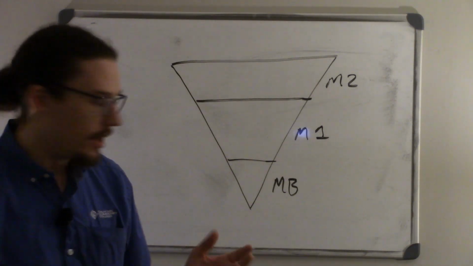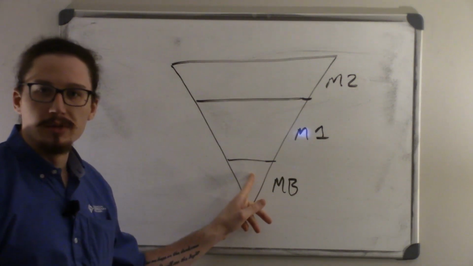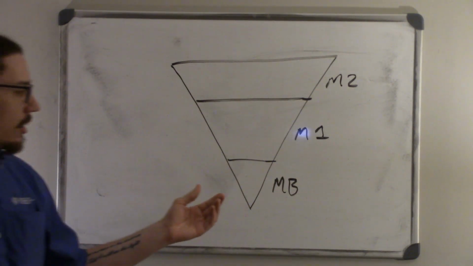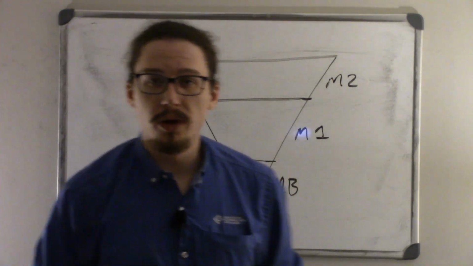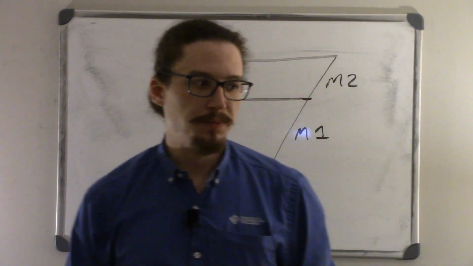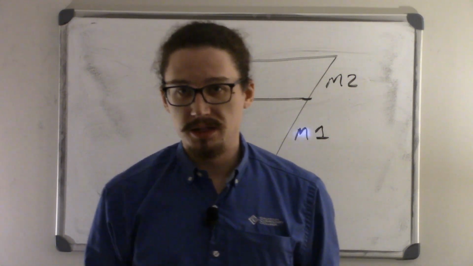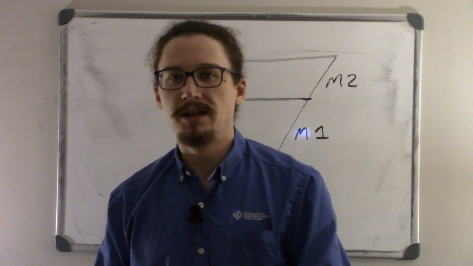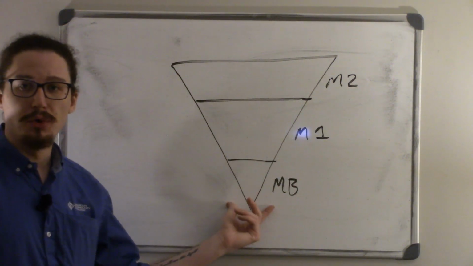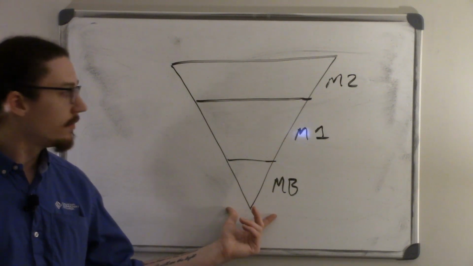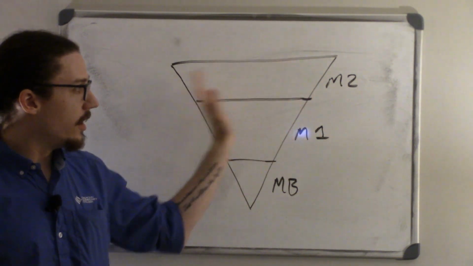But again, what it's meant to portray is that this bottom part is what the Fed has control over. And so when we get into monetary policy, which is where the Fed is trying to use changes in the money supply to affect aggregate demand, they're only able to do it through the monetary base because that's what they have direct control over.